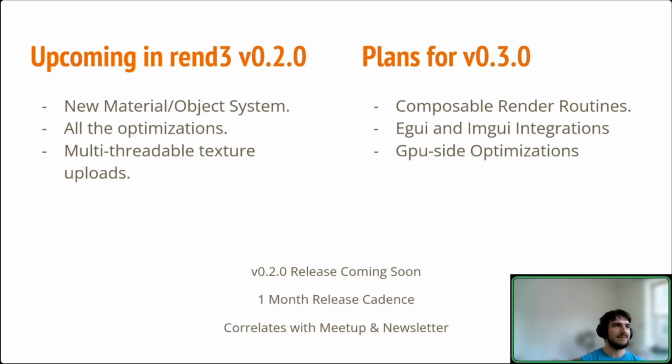If you want details on that, come find me later. It's complicated. And then for 0.3, coming are composable render routines, eGUI and ImGUI integrations, and all of these juicy GPU side optimizations. 0.2 release coming soon. I'm aiming for a 1-month release cadence correlating with the meetup and the newsletter.